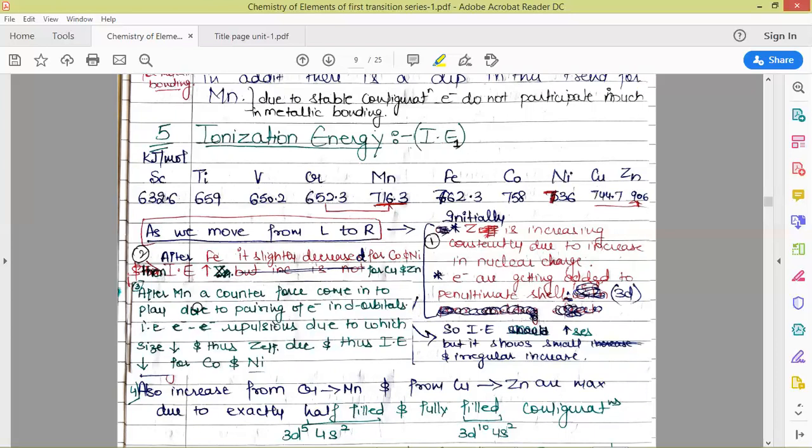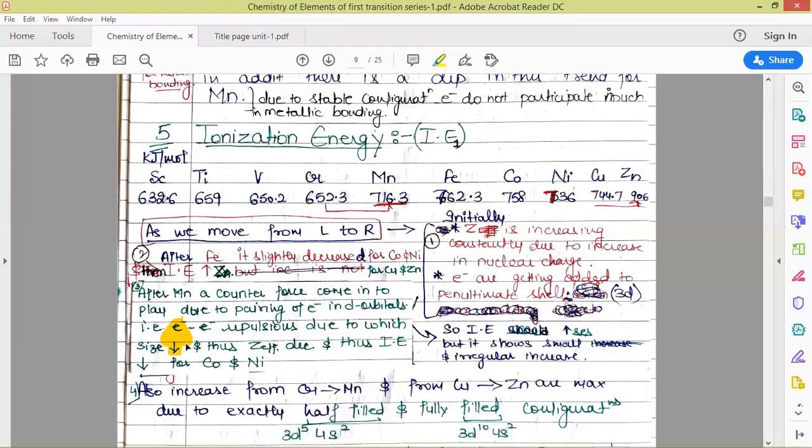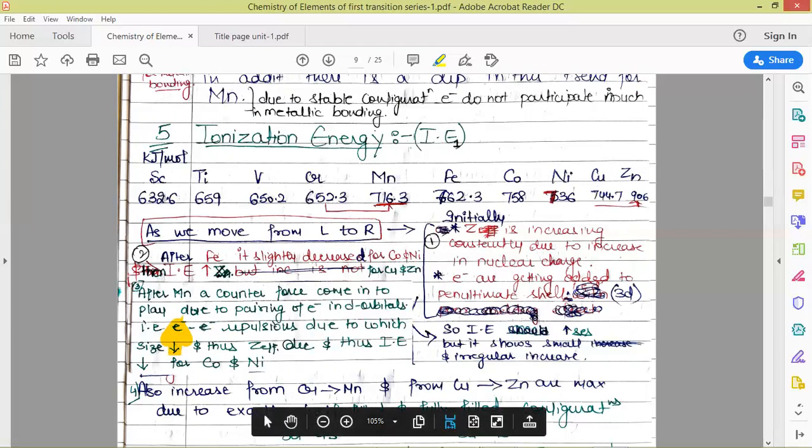The electron-electron repulsions due to pairing of electrons lead to an increase in size, and thus Z effective, that is effective nuclear charge, decreases, and thus ionization energy decreases for cobalt and nickel.